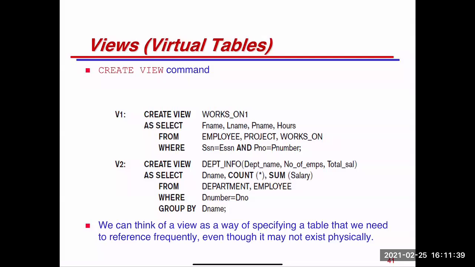Just the intuition is that it will basically group the result of this query into groups, where the tuples in each group have the same value for this d-name. But we'll talk much more about group by in a few minutes. And then maybe later on, you can come back and look at this view, and then that will make more sense.